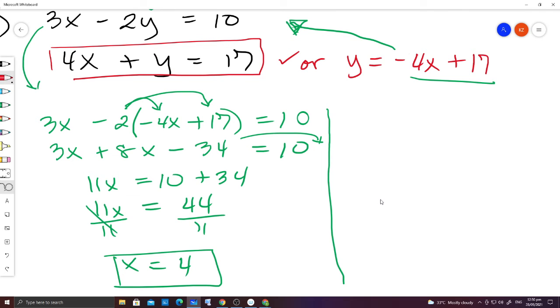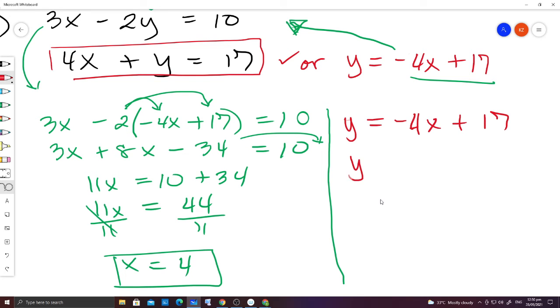Okay, you are free to choose which equation you want to use for finding the value of y. Chacharin, which equation do you want to use to find the value of y? This one. Okay, let's write it first.